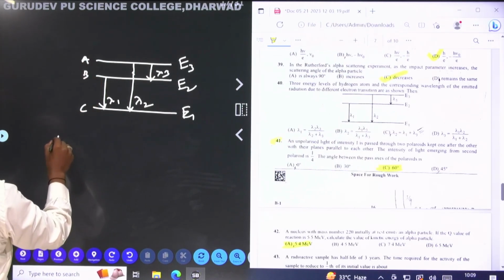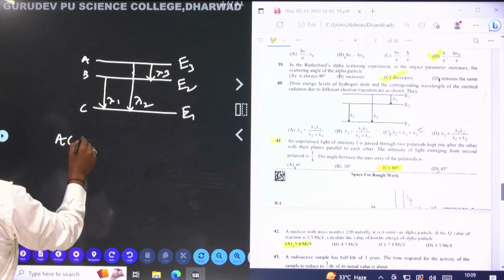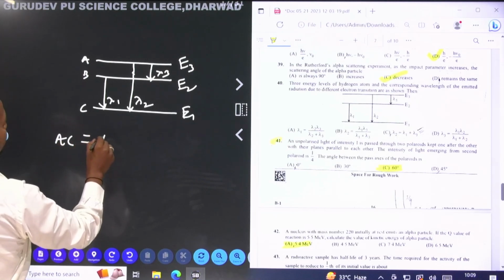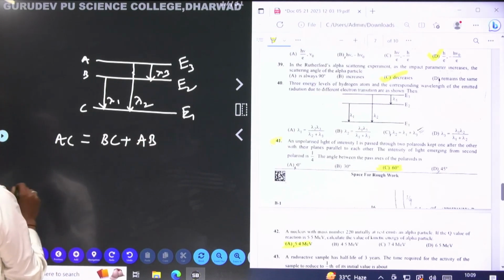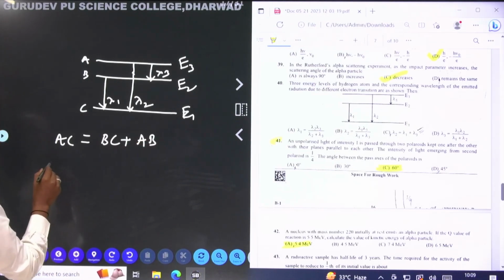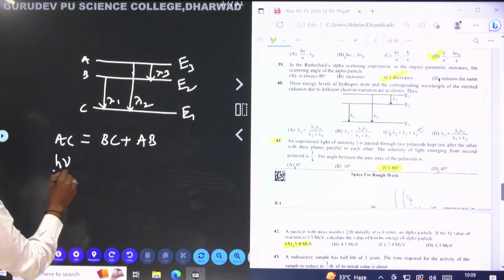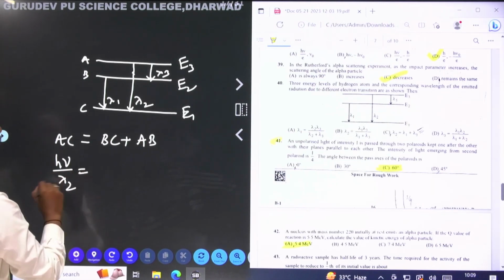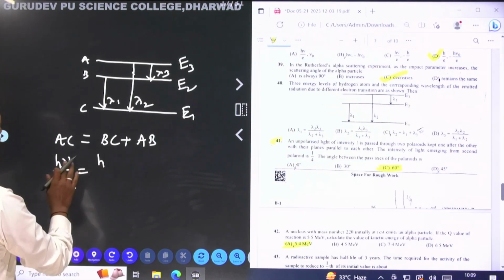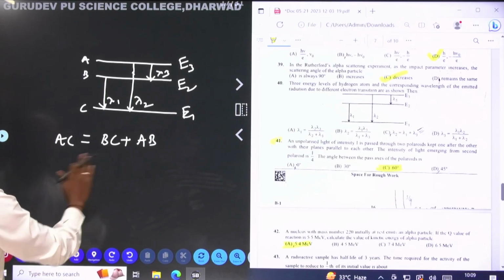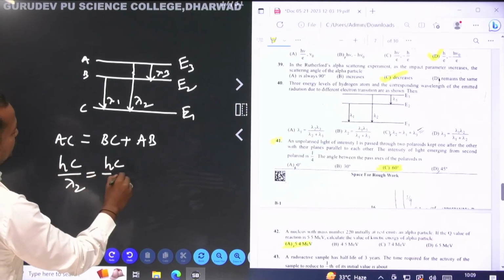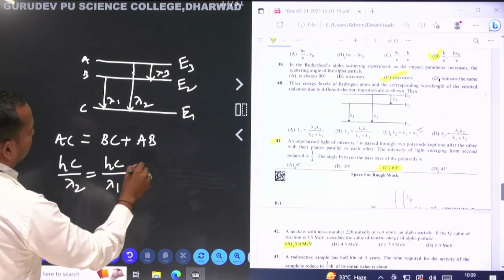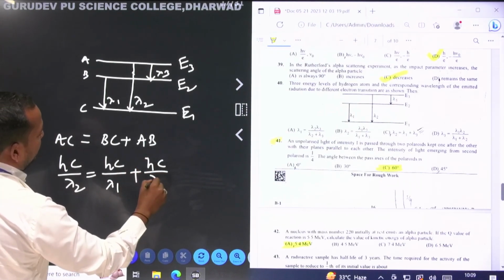That is, AC energy is equal to BC plus AB. So AC energy is hc by lambda 2, which is equal to, sorry, h nu will not come here, hc will come. So hc by lambda 2 is equal to hc by lambda 1 plus hc by lambda 3.